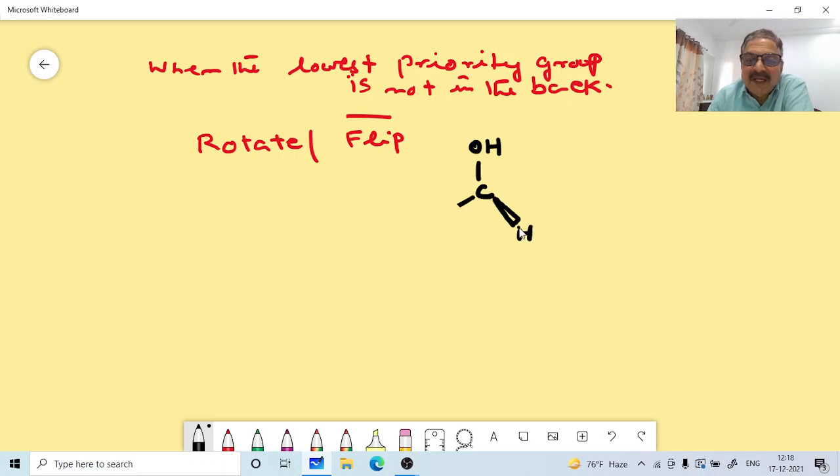That is, it is not behind the plane. Okay, now behind the plane we have CH2, CH3. Okay, assume we have a molecule like this.